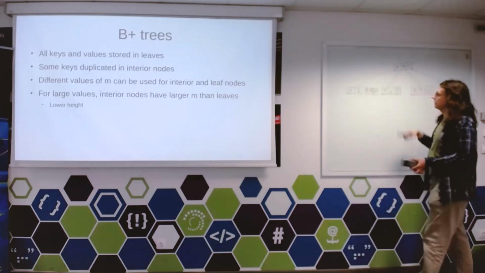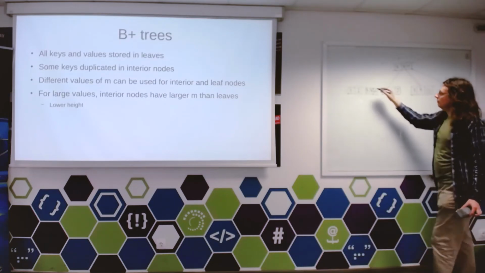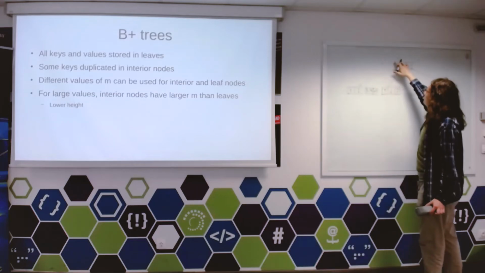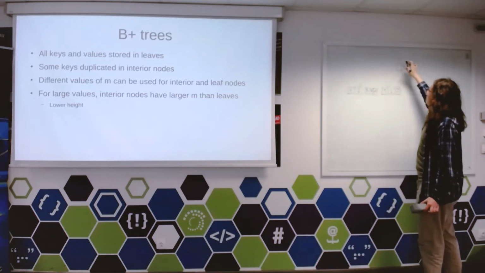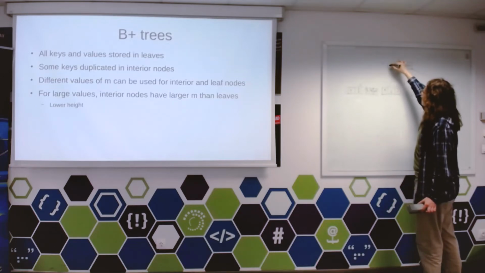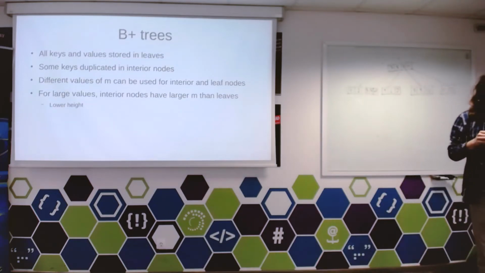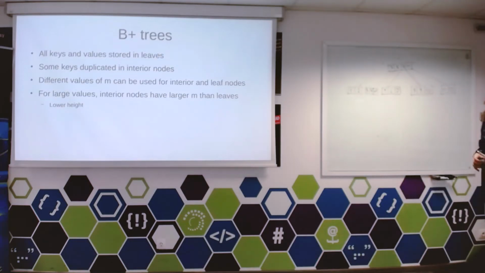A much simpler split because we don't have to move anything. And we also need to insert a new delimiter here, to the new node. So only the leaves are different from a normal B-tree.